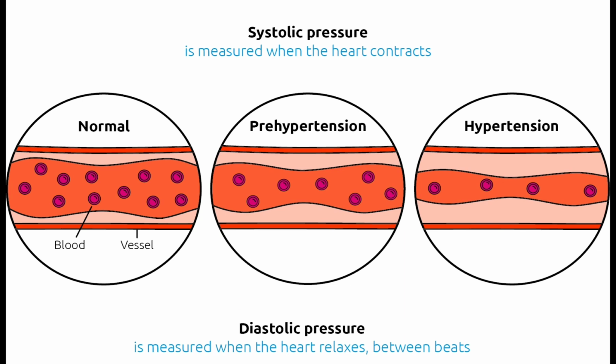Ninety percent of the population have primary hypertension or essential hypertension, which is characterized by no clear underlying cause, and it can be idiopathic. Secondary hypertension occurs in 10% of the population, and it occurs due to an underlying cause.